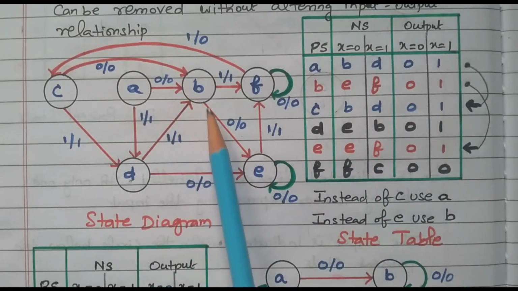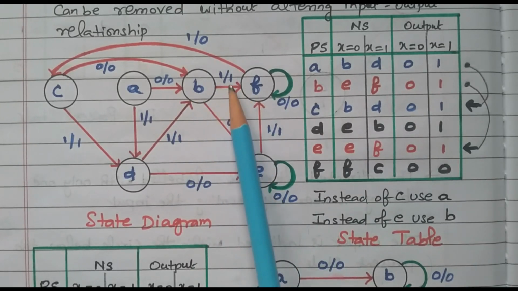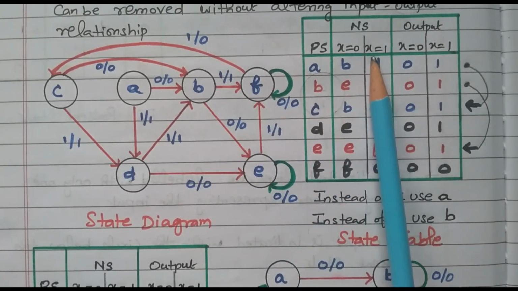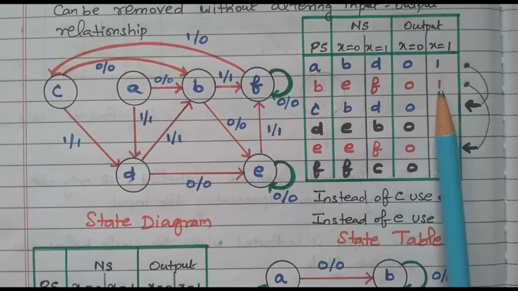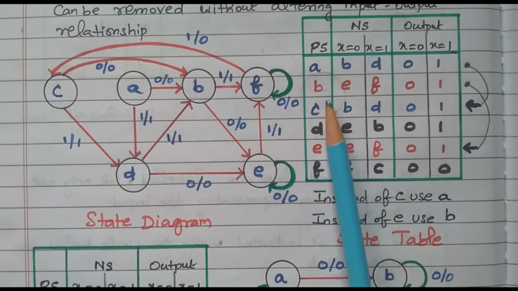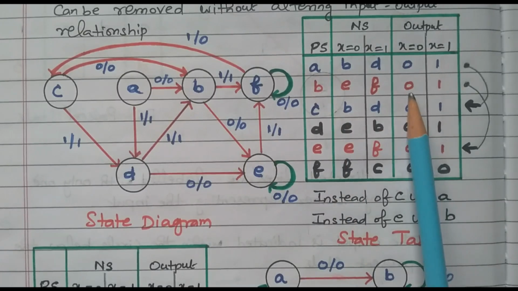Then we will go to B. B goes to F when input x equals 1, and the output is also 1. Then B goes to E when input is 0, and the output is also 0, right?